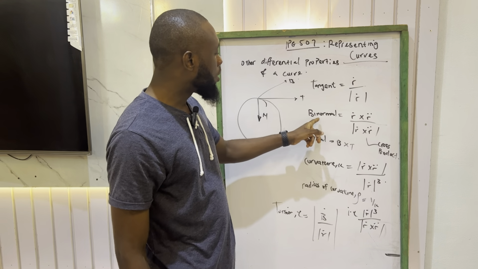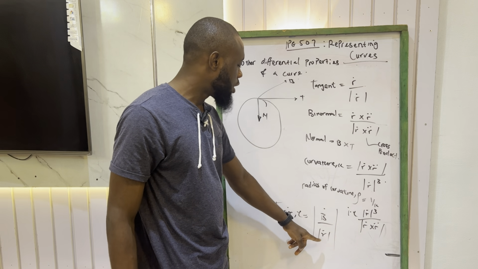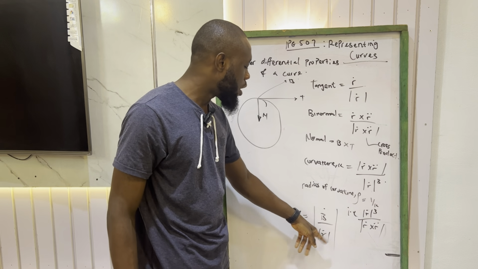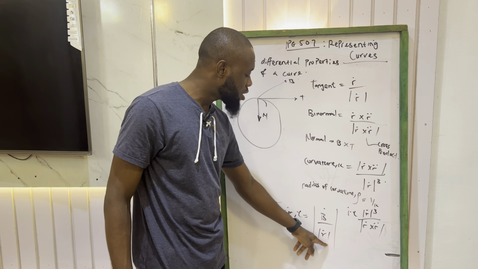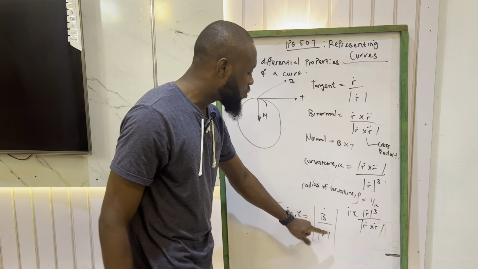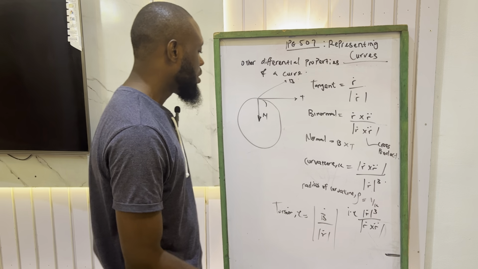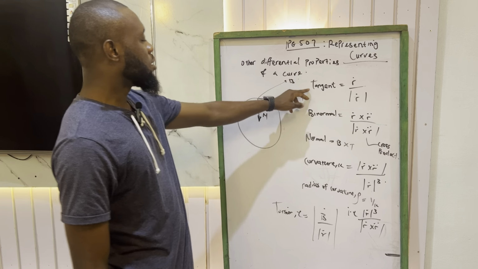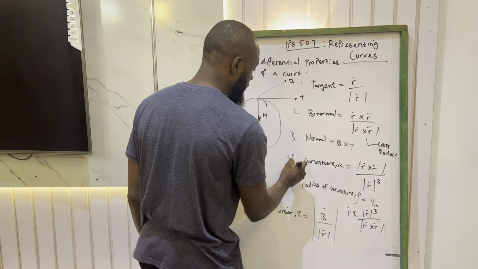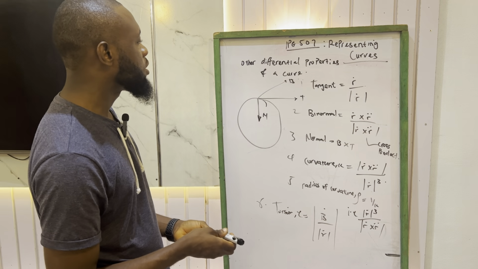After getting your binormal, you differentiate it once to get b dot. Then you also evaluate your r. You differentiate it once to get your r dot. Then you evaluate the magnitude of your r dot. Then you place them above one another this way. Then you evaluate the magnitude of the entire expression. So these are the other 1, 2, 3, 4, 5, 6 differential properties.